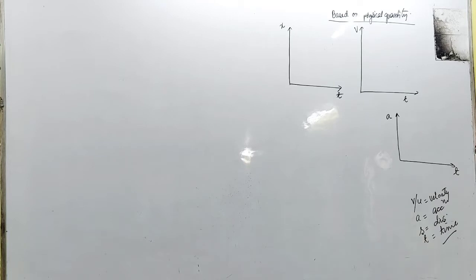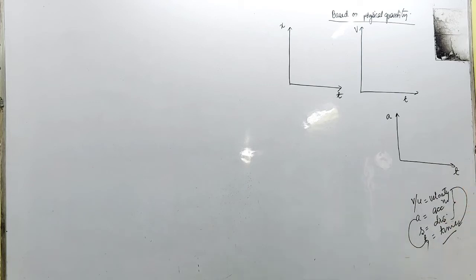Position, velocity, acceleration, displacement: these remaining three parameters change with time. Therefore we have to consider the change of velocity with respect to time, and that will be denoted by the second graphical representation. The change of acceleration with time will be represented by the third one.